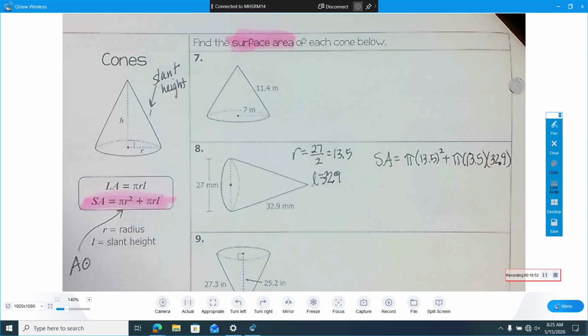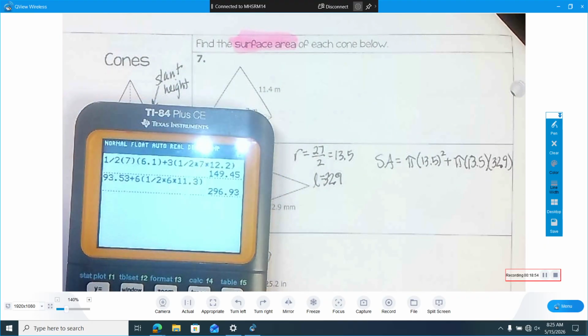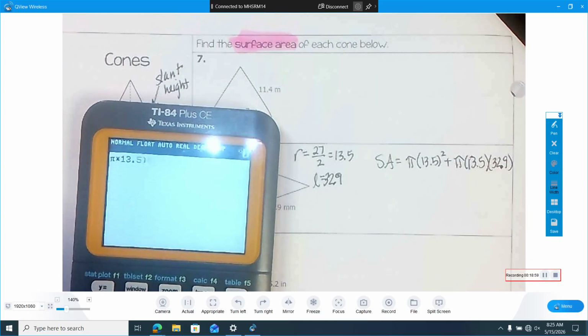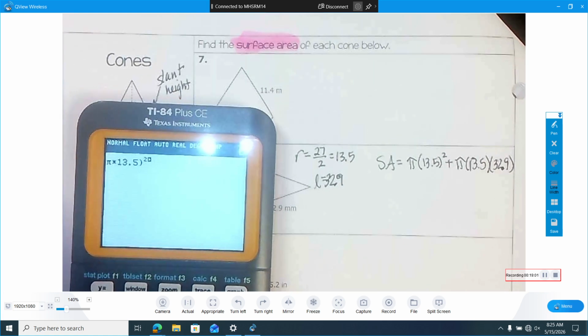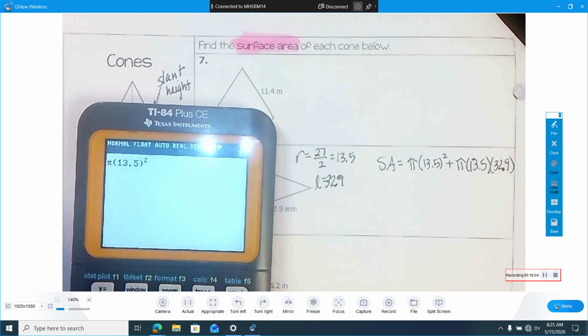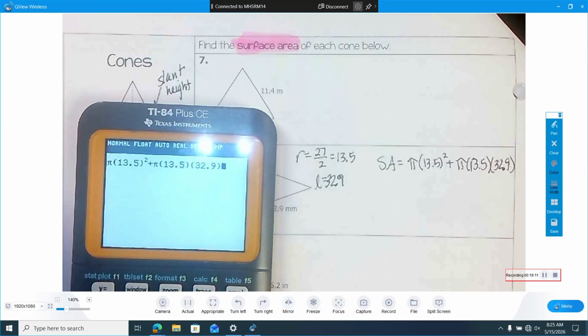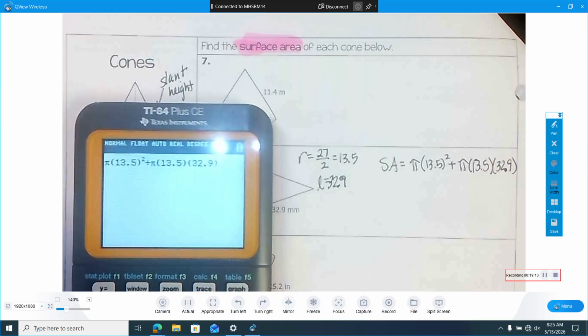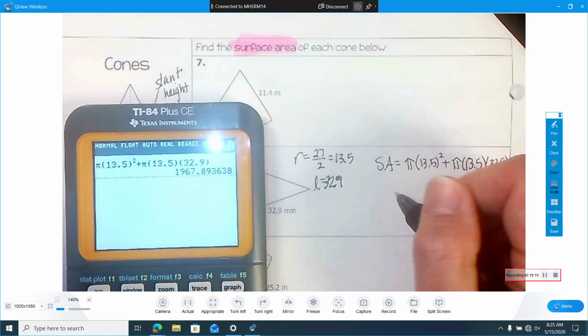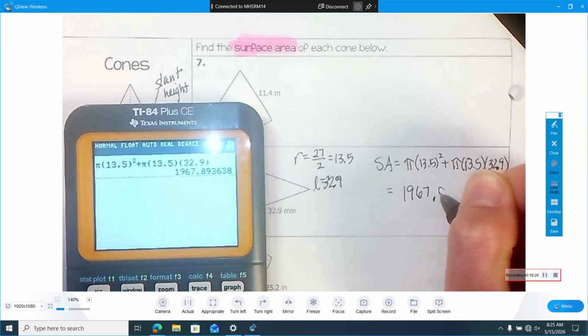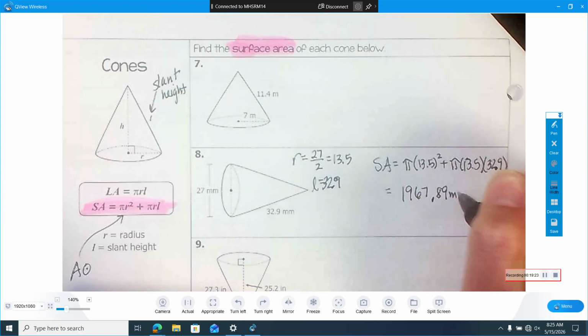Once you get that written down, it's all calculator work from here. Pi times radius squared, plus pi times 13.5 times 32.9. You can see I'm just using parentheses instead of the multiplication symbols. Easier. All right, and we get 1967.89 millimeters squared.